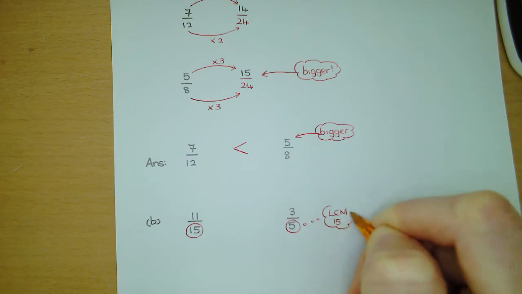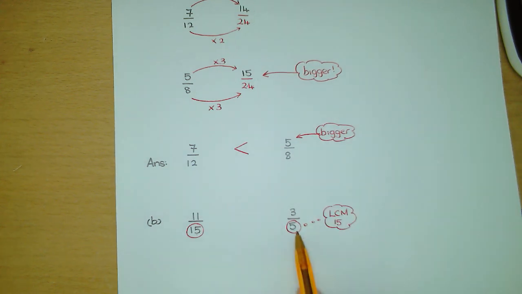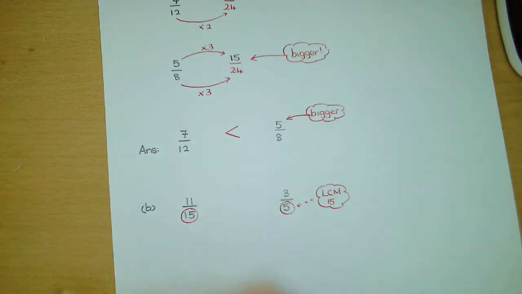So what we're going to do now is change each of the original fractions into an equivalent fraction with a denominator of 15. Well, the good news is the denominator here already is 15, so we don't need to do anything to 11 over 15, but we do need to change 3/5 into an equivalent fraction with a denominator of 15. So let's take 3/5.